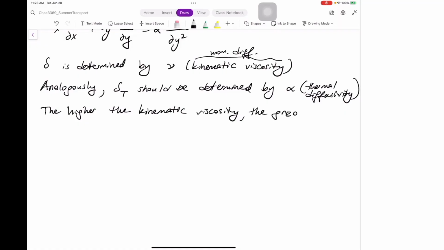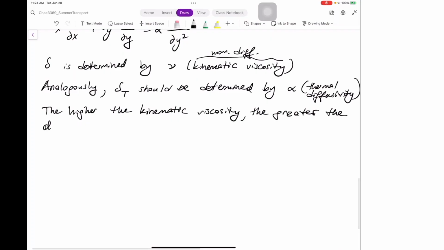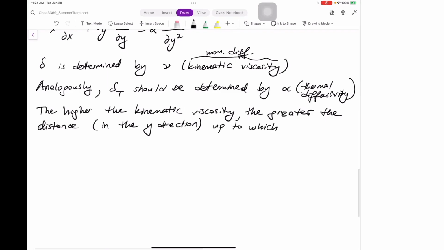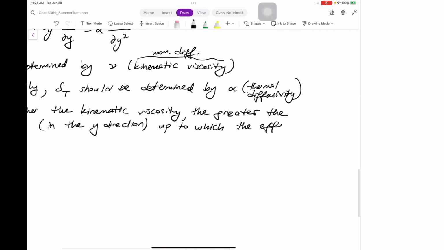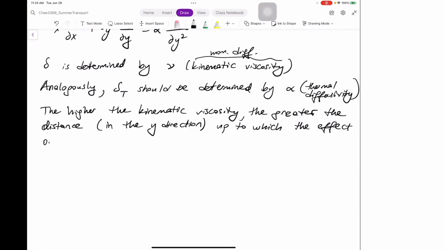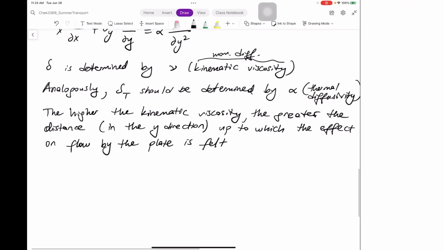The greater the boundary layer thickness is, or in other words, the greater the distance in the y direction up to which the effect on the flow by the plate is felt, right? That's basically how large your boundary layer thickness is.